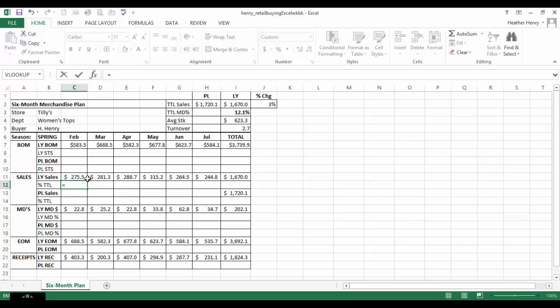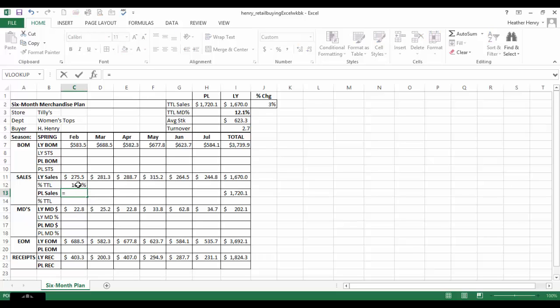As an example, we will take last year's $275,500 divided by the total of our $1,670,000 in sales to see that February represented 16.5% of our total sales. So that means our February this year will also represent 16.5% of our total sales.